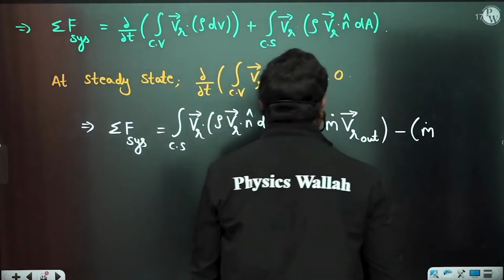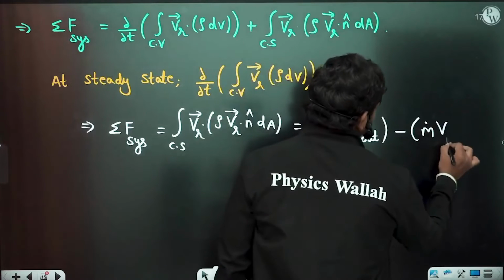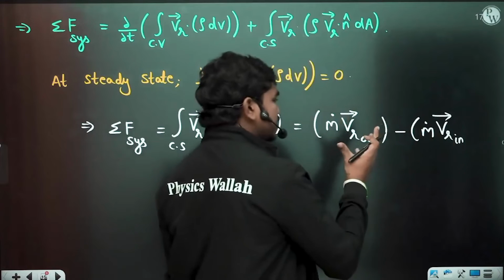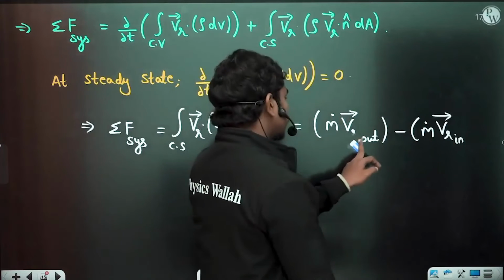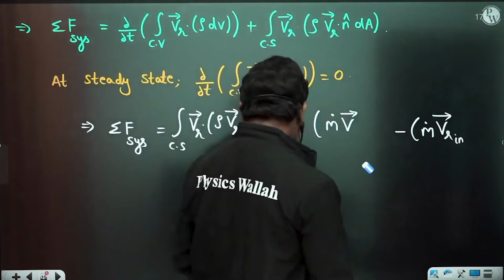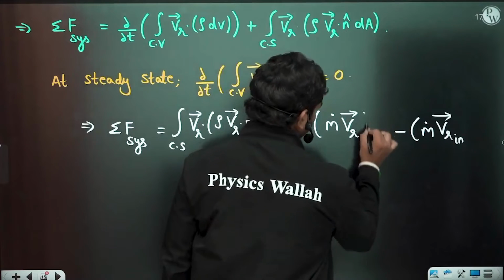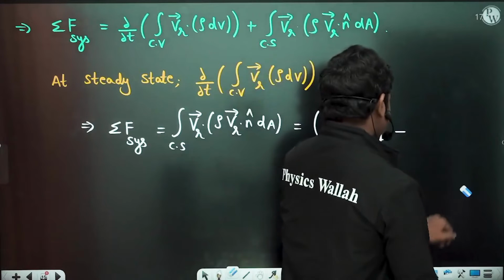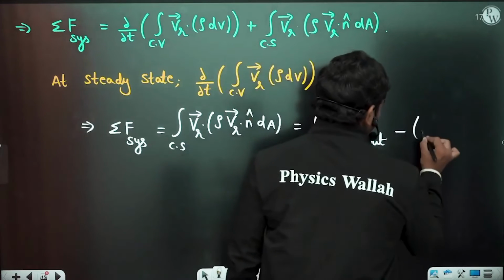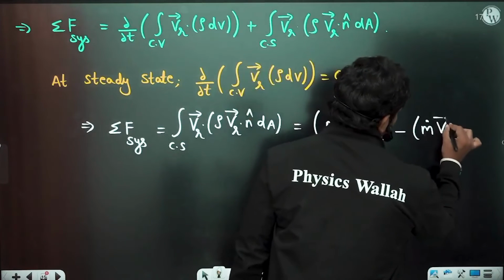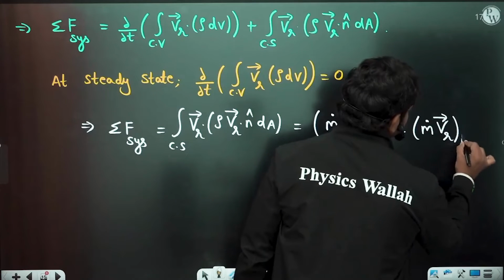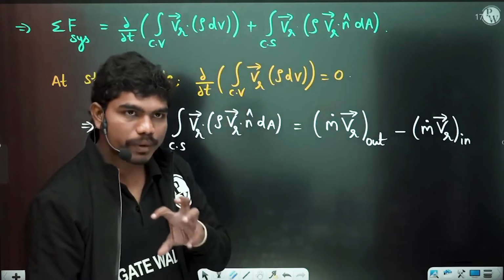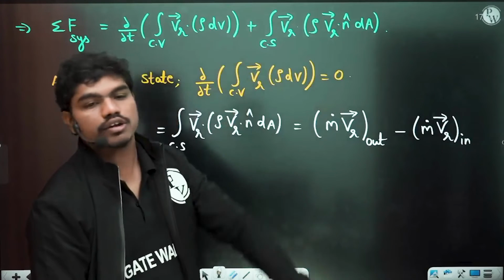So m dot times V R, at the outlet minus V relative velocity at the inlet. Okay, so this is what you have. This gives you the net amount of momentum which is actually leaving the control surface, correct?